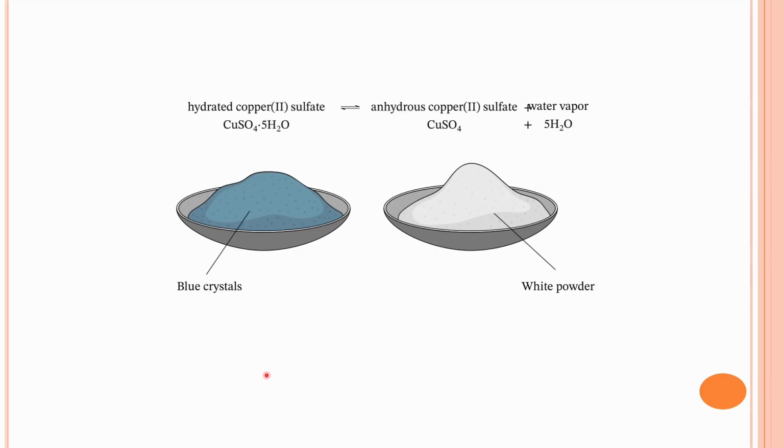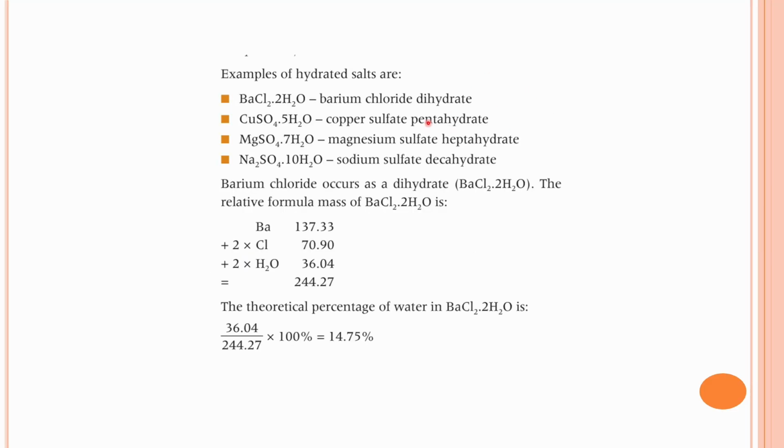You're going to be heating this sample to remove all of the water molecules present within this salt. Once it's cooled, you keep heating and weighing until you have a constant mass. At the end, once all of your water is removed from your salt, you now have a white powder, and it can go back to blue if you wet it again. Here are some other examples of hydrated salts.